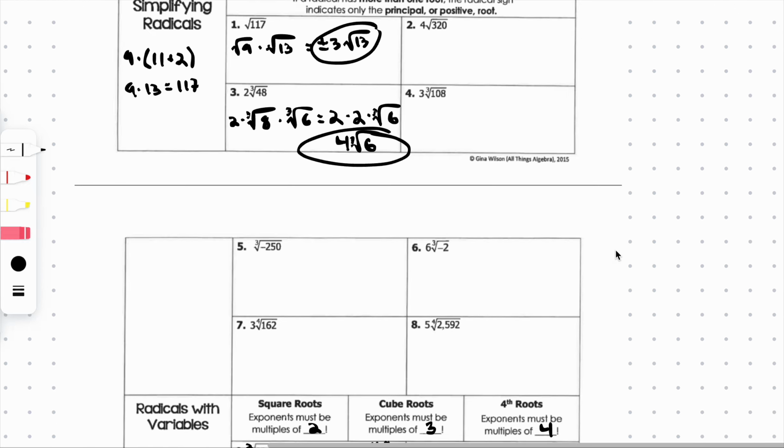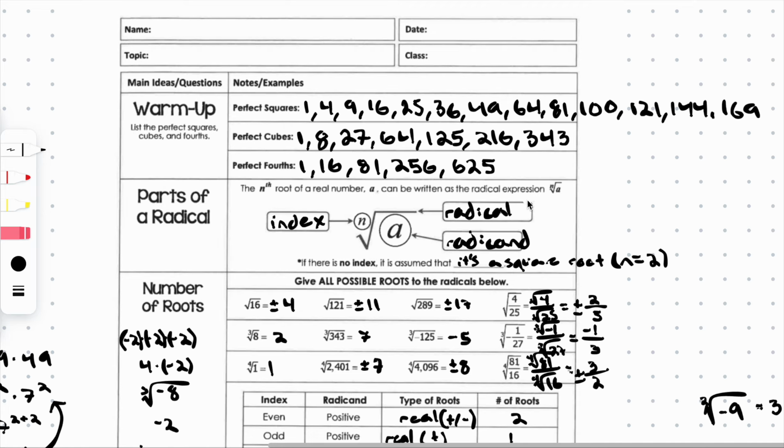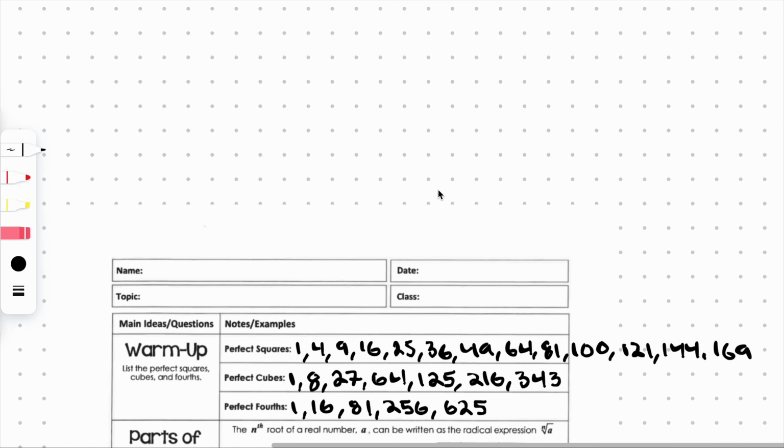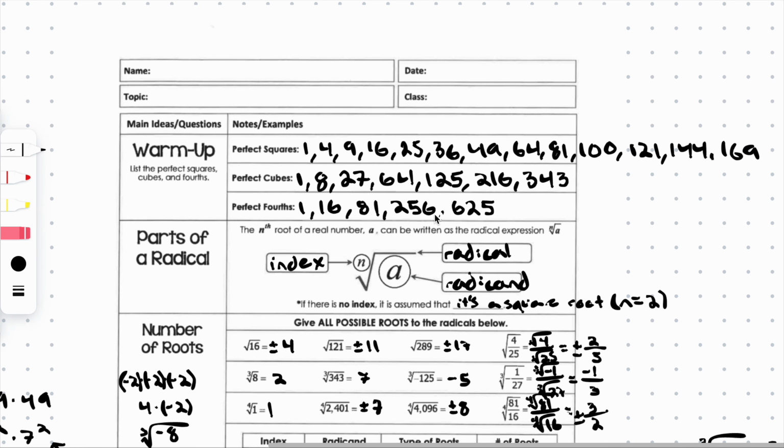Are any of these perfect fourths factors of 512? Well, we see 256, which is half of 512. And 256, by the way, is 4 to the fourth.